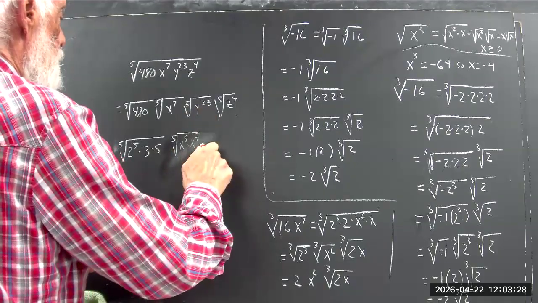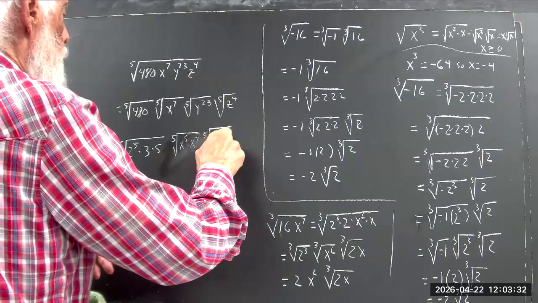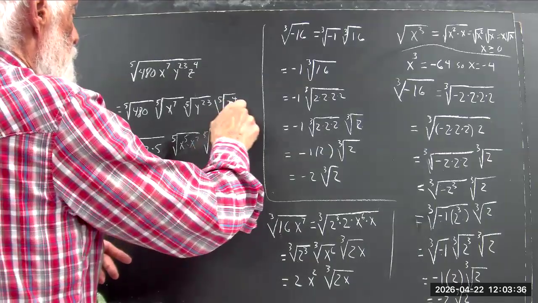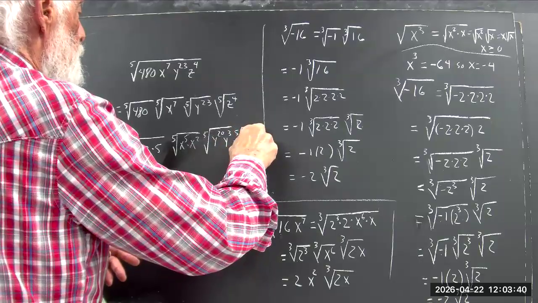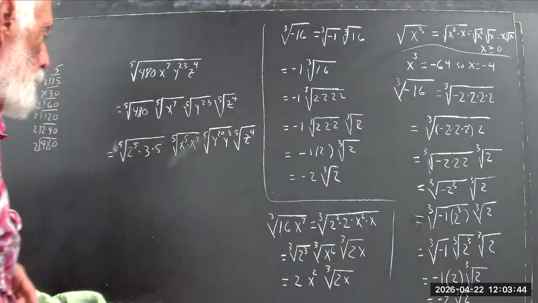And then the 5th root of y to the 23rd is the 5th root of y to the 20th times y to the 3rd. And the 5th root of z to the 4th is just the 5th root of z to the 4th, because we don't have any 5th powers within z to the 4th.